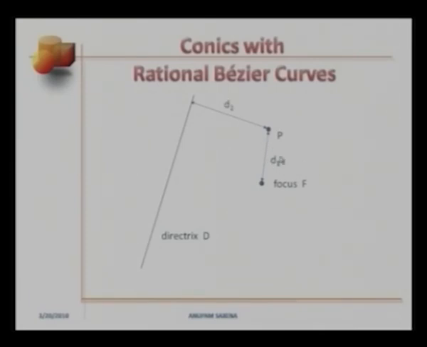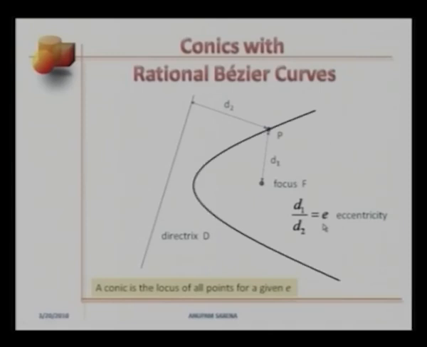These distances will have a ratio. D1 over D2 equals E. Let's call E the eccentricity. A conic will now be a locus of all points P for a constant value of eccentricity E, like so.